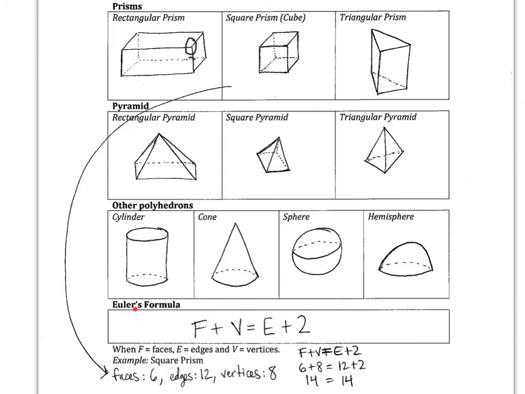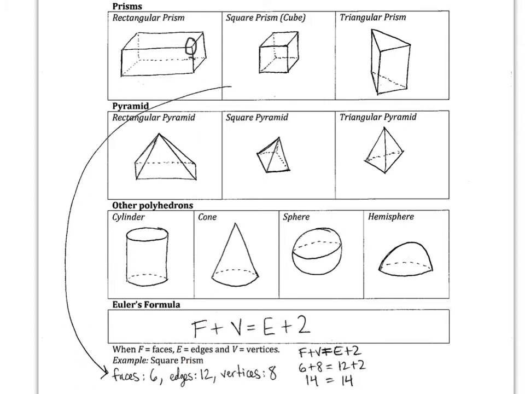We use a formula called Euler's formula, and this is to determine how many faces, edges, or vertices a three-dimensional figure has. The formula is faces plus vertices equals the amount of edges there are plus 2. So let's do an example, a square prism.